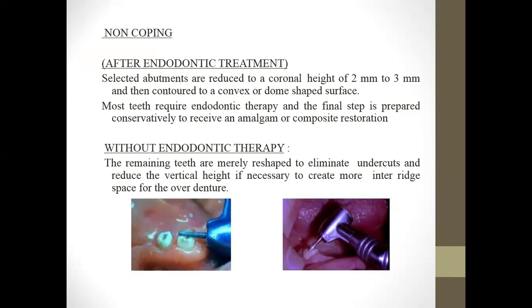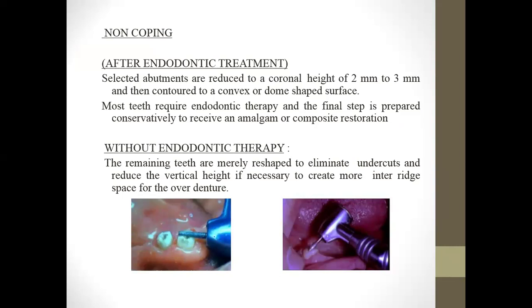Non-coping type of overdenture: these abutments can just be reshaped into a conical structure from the remaining tooth structure, as you see in the image, and used as an abutment.